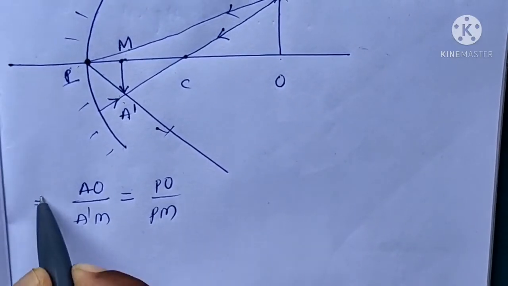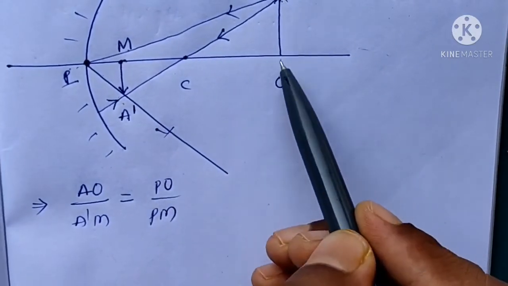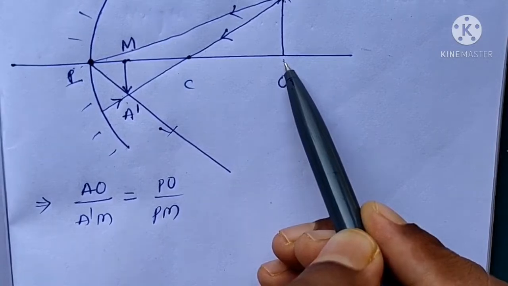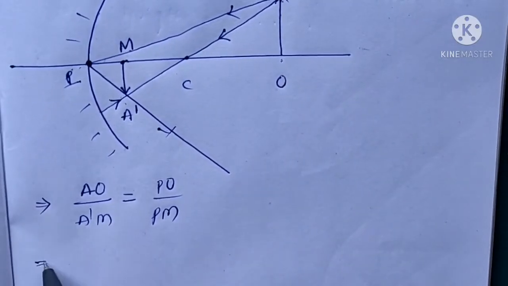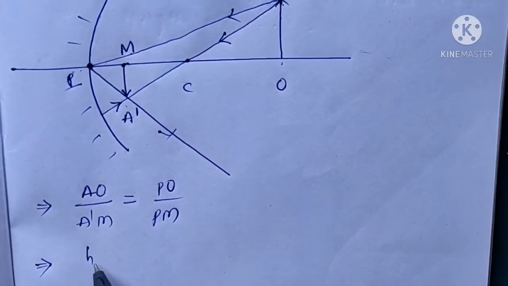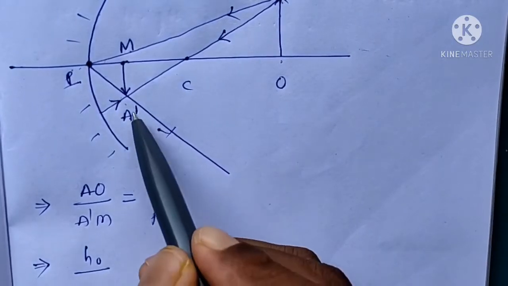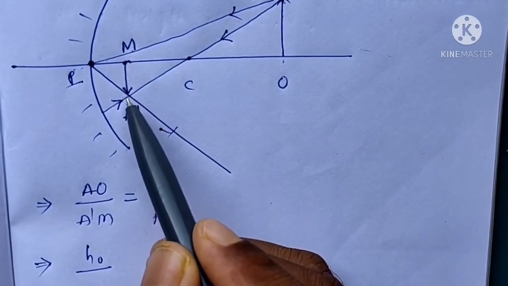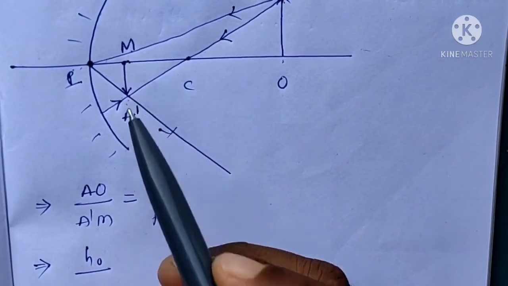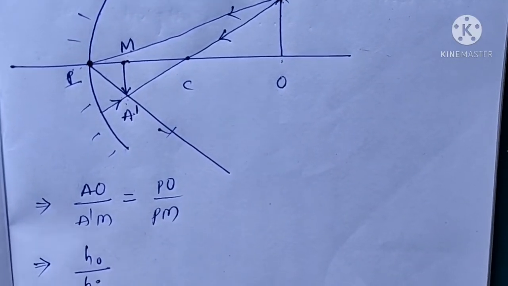So here it is very clear, AO is nothing but height of object, denoted by HO, by A dash M, it is image, so this becomes height of image, that is HI.